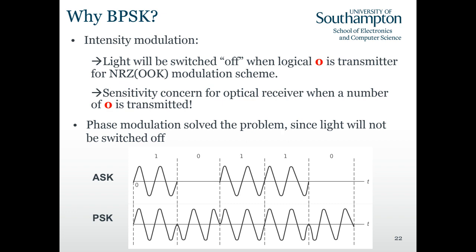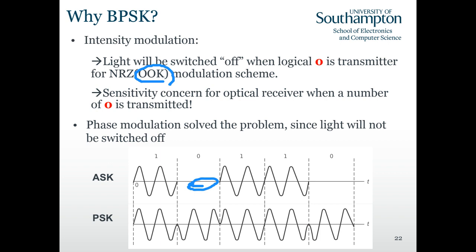For example, we have this period completely off. If we happen to have a long period of off, the receiver would wonder if you just turned the transmitter off, or did you transmit a string of zeros? That's confusing for the receiver.